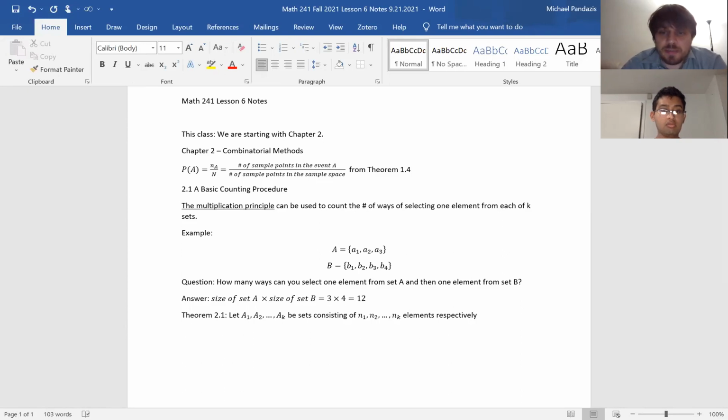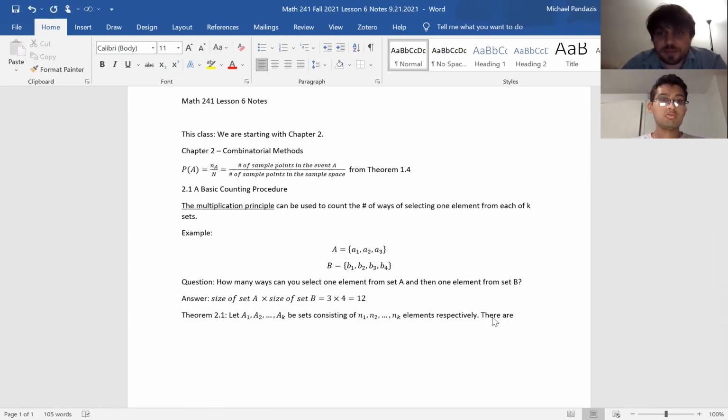What that means is that set A1 has n1 many elements, set A2 has n2 many elements, set A3 has n3 many elements, up to and including set A sub k, which has n sub k many elements. So there's a correspondence between this list and this list. The order stays the same in that correspondence.